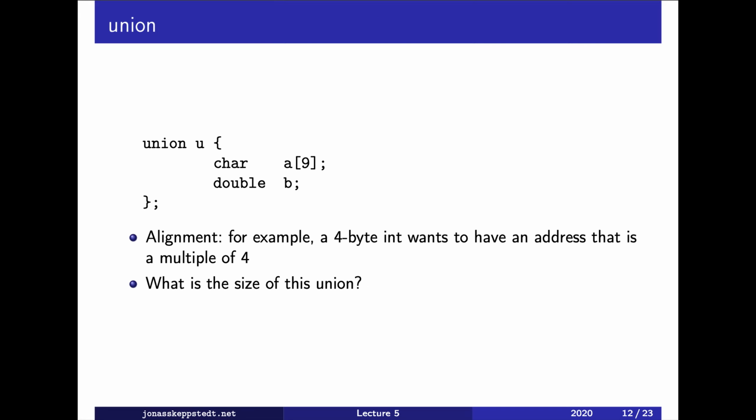Okay, let's go back to this union. So we can either use A or B. And what is the size of a union? The normal view is that the size of the union is the size of the largest attribute.